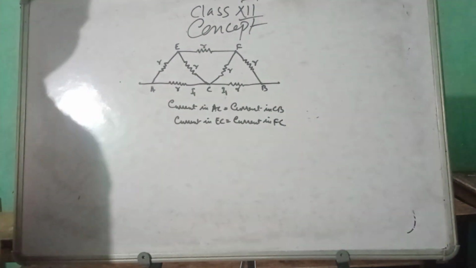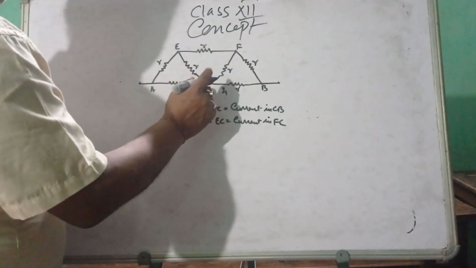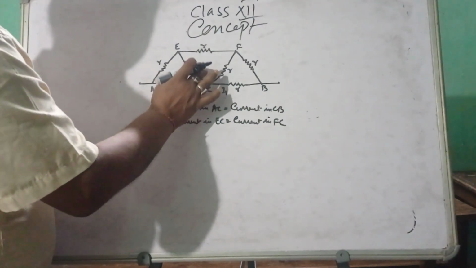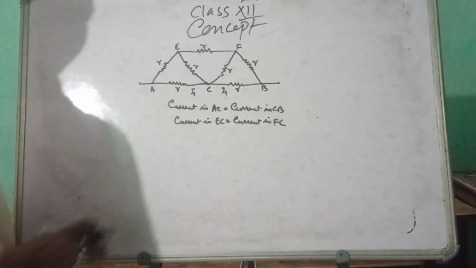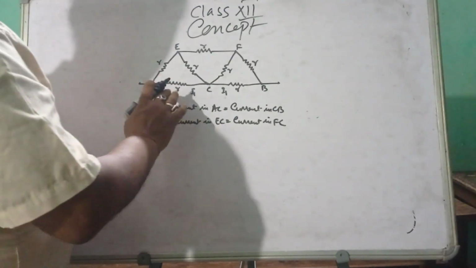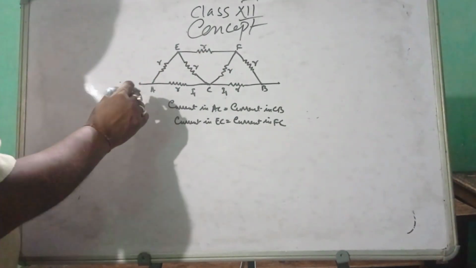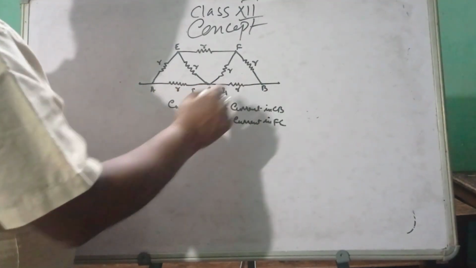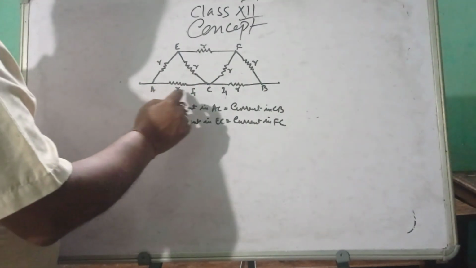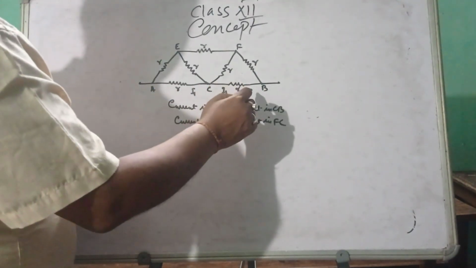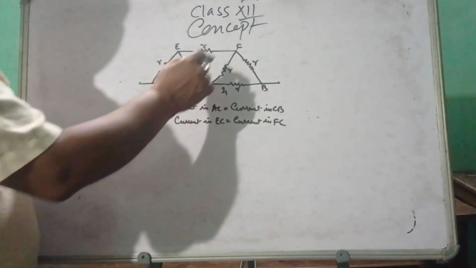So here we can separate this joint. If all these are R, and you have to find the equivalent resistance between A and B, then the current in AC is equal to current in CB, current in EC is equal to current in FB.